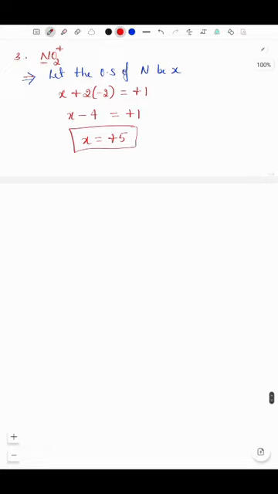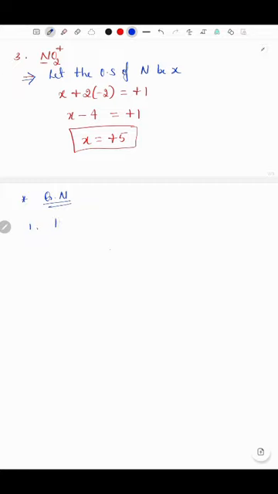Now I am giving you a few questions. Try to calculate the oxidation state in these compounds, and I am underlining the element for which you have to calculate the oxidation state. You can calculate and write down the answer in the comment box.